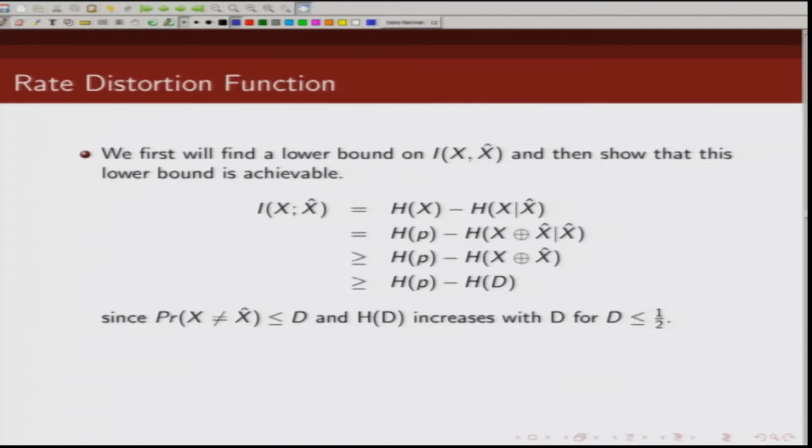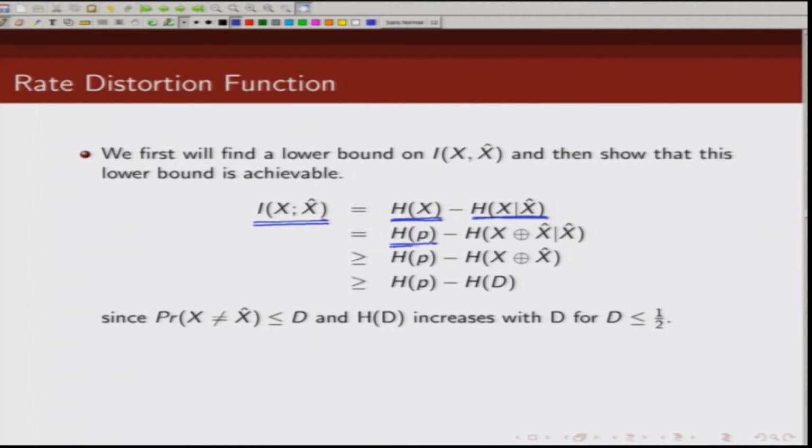So, let us compute this mutual information between x and x hat. From the definition of mutual information, I can write this as h of x minus h of x given x hat. What is x? X is a Bernoulli source with probability p. So, this is basically a binary source.